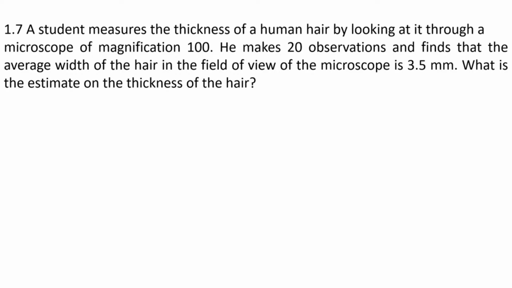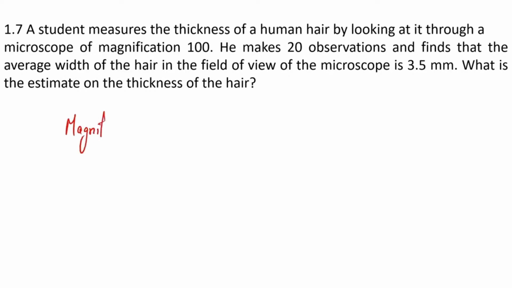Here the student has taken 20 observations in order to reduce the random error that may have occurred and accurately measure the thickness of the human hair. Since the magnification of the microscope is 100, let's look at the solution.